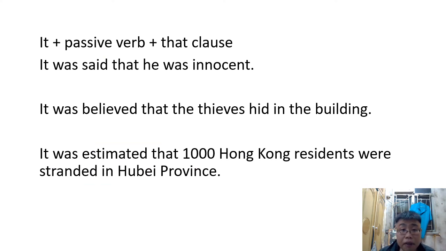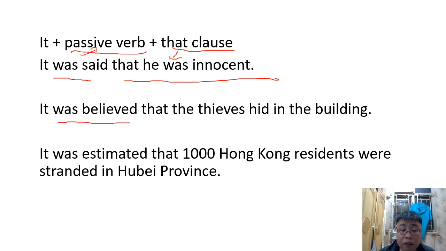It is "it" plus passive verb and the "that" clause. So here, "it was said" is the passive verb. The that-clause is "that he was innocent." And there are two more examples of this structure.